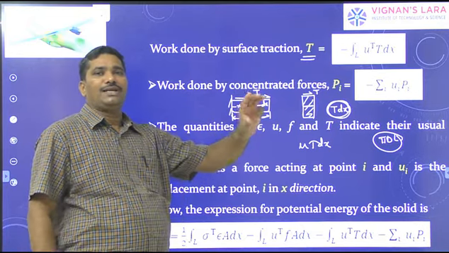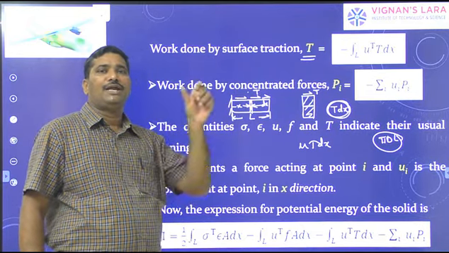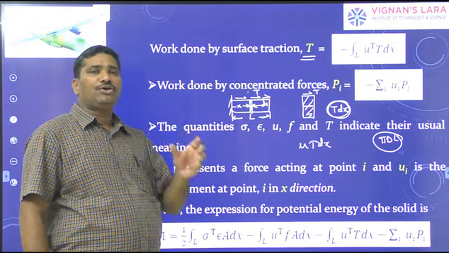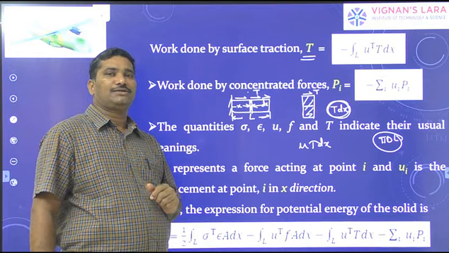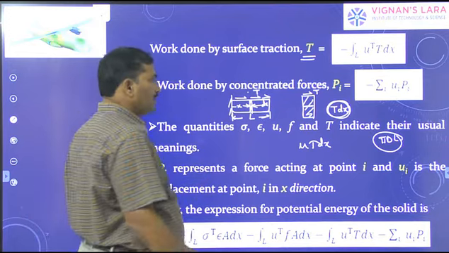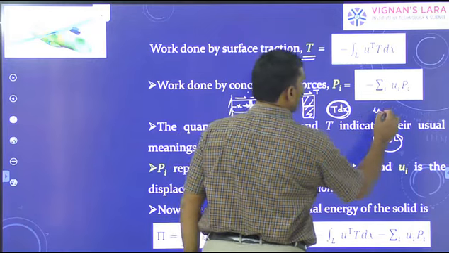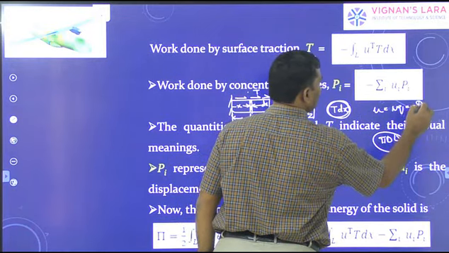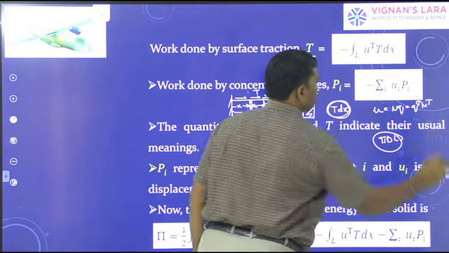It is the row matrix having the elements N1 and N2, which are the shape functions. And q is the element displacement vector having the elements q1 and q2. It is a column matrix. In place of u, you can write N q, or you can write q transpose into N transpose.